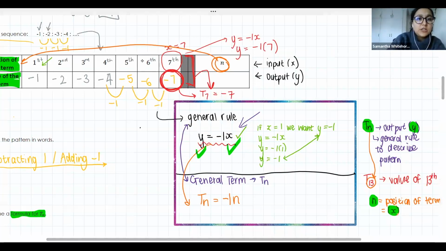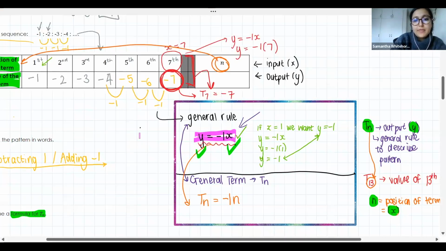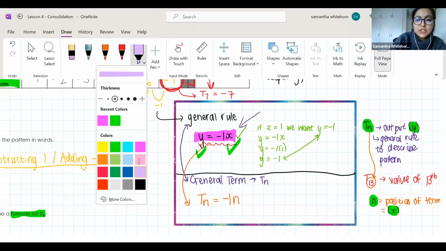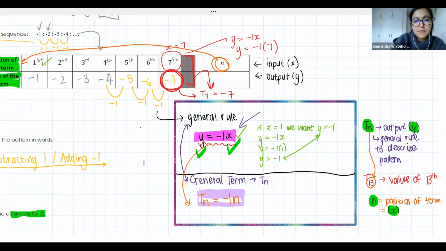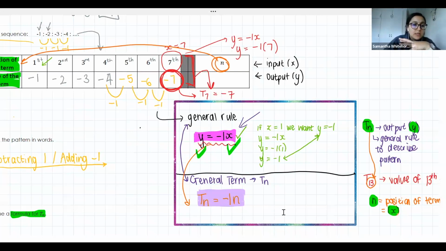This equation in terms of y and x, and this equation that we have just written down in terms of T and N give us exactly the same information. We are just using Tn and N instead of x and y. Like I say, mathematicians for some reason decided that x and y was just not good enough when it came to number patterns.